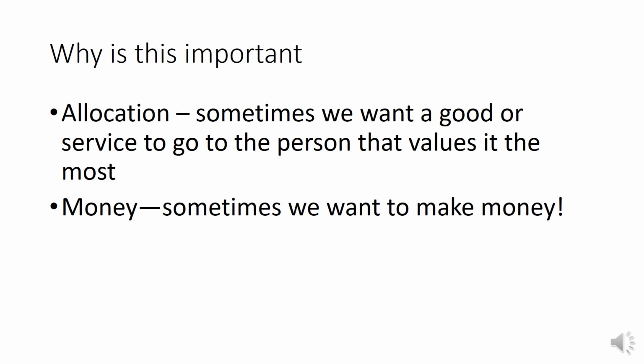But there are some cases where auctioning goods is a good way to understand who values what and why. Sometimes we want to design an auction so that we make the most money. There are lots of reasons why auction theory is important.